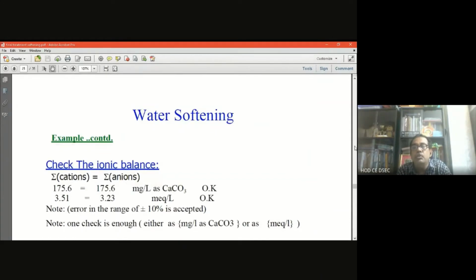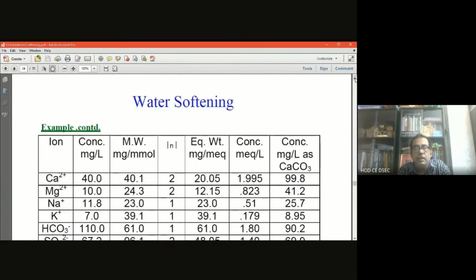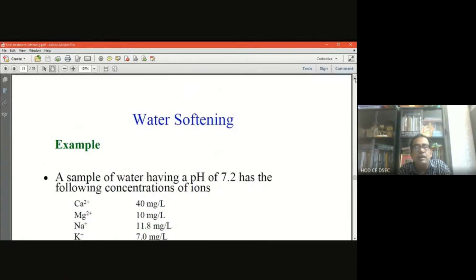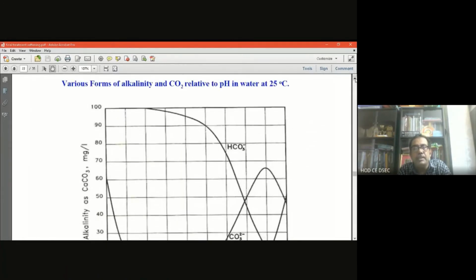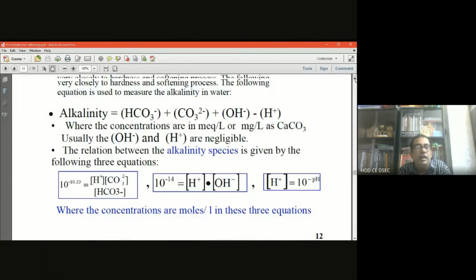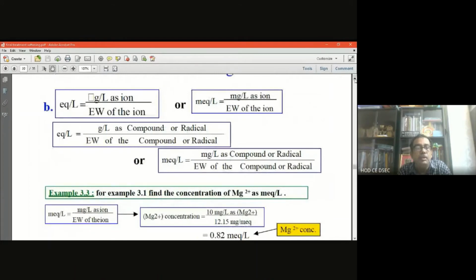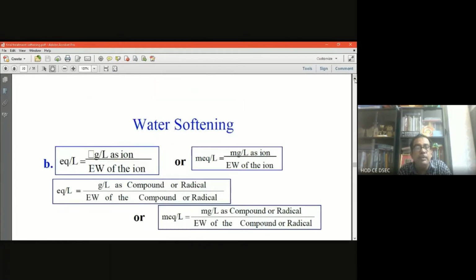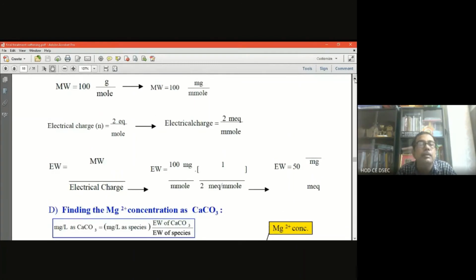Now, I want to tell you that when you convert the hardness in terms of concentration as milligram per liter as CaCO3, then what will we do?